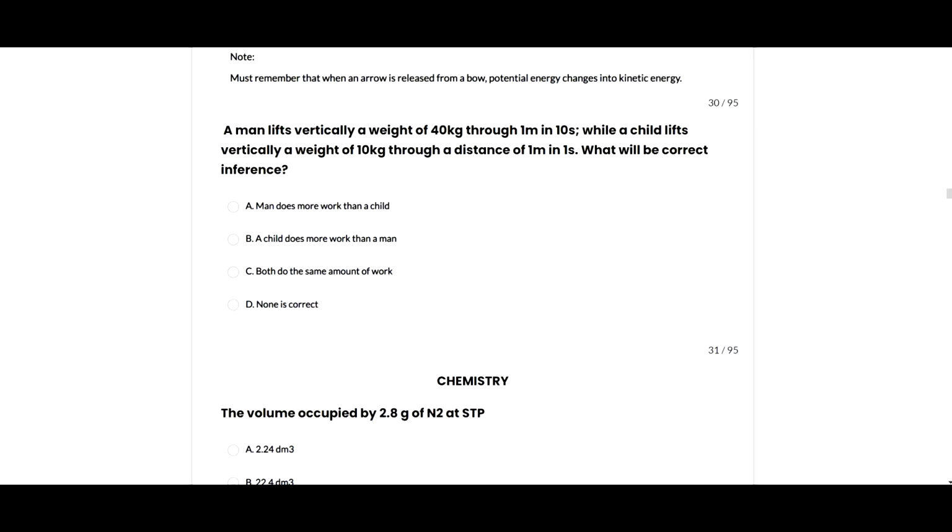You can imagine that there are a child and a man. Man lifts the weight 40 kg, which is very heavy weight. Child lifts here 10 kg, which is very light weight, which shows that a child will perform better. So here a child does more work than a man. So here A option will be correct because a child has a light weight.